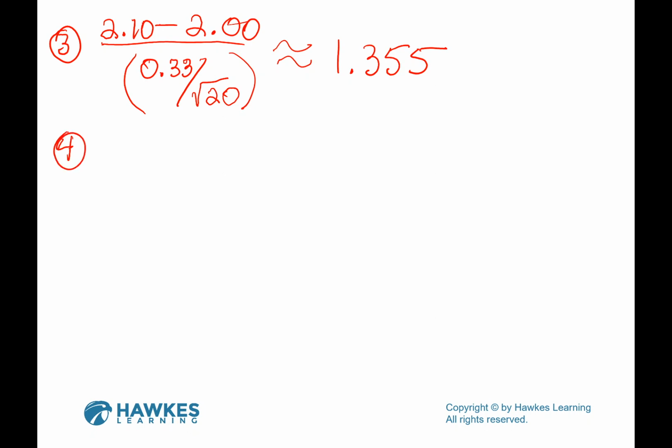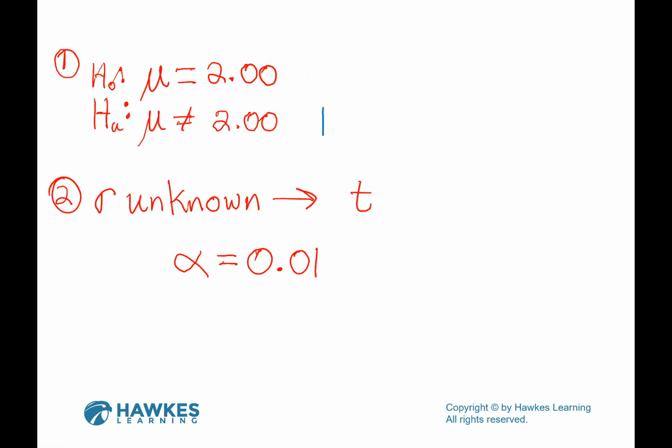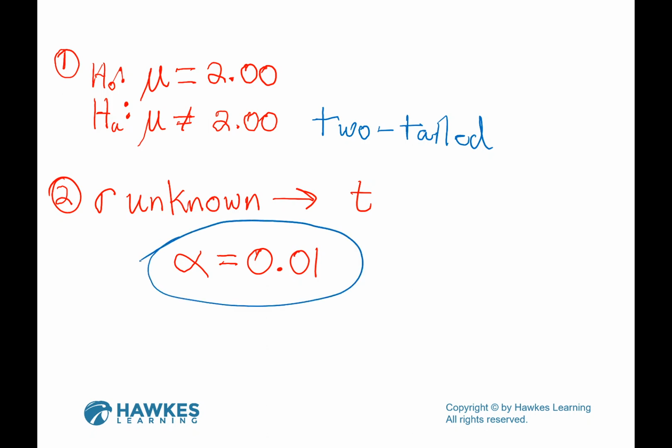We want to make a conclusion. Since we're dealing with t, we need to figure out our critical value of t. We're doing a two-tailed test. Two-tailed, alpha is 0.01, so this time we're looking for an area of 0.01 in two tails because it's a two-tailed test.